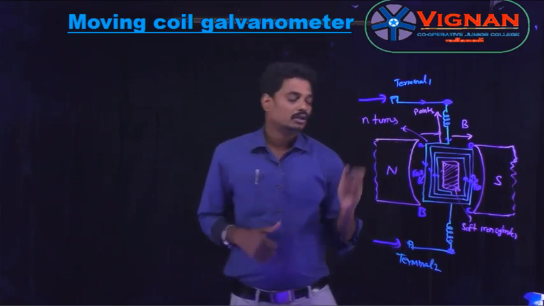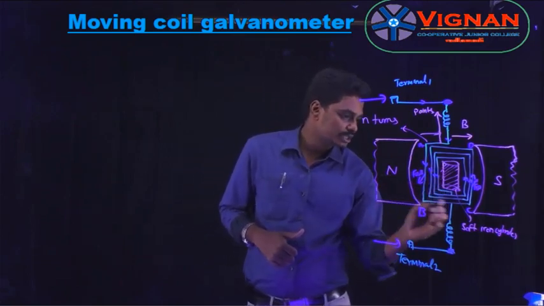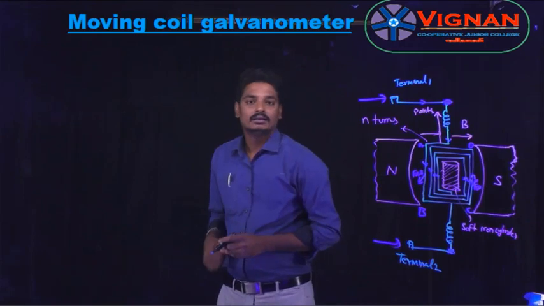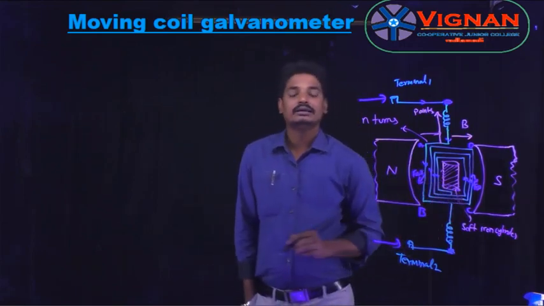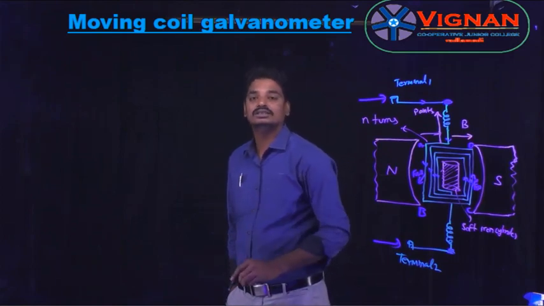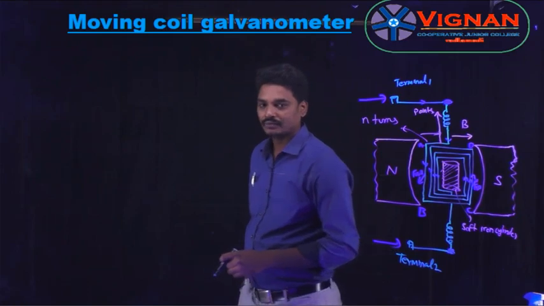Initially, on the construction, we said that a soft iron cylinder is placed in this rectangular loop. Due to the soft iron cylinder, the magnetic field will be radial. So what is the meaning of radial magnetic field?